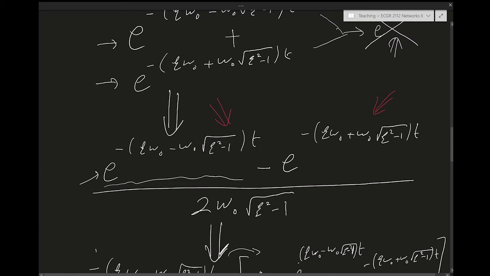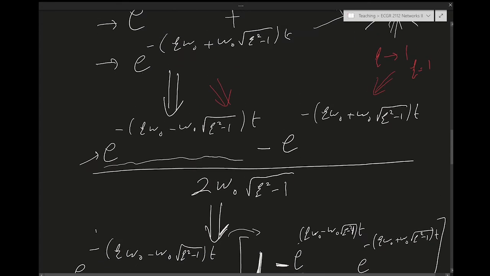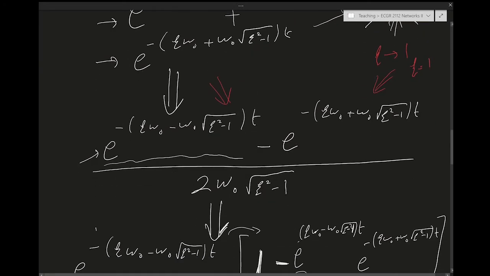Remember we said when ζ approaches 1, those two solutions get close to each other, they become the same solution. Is there a way we can examine them and extract from them another solution that will be useful for solving the differential equation under the condition where ζ equals 1? So what we did, we said, let's combine them and divide them by a certain constant.